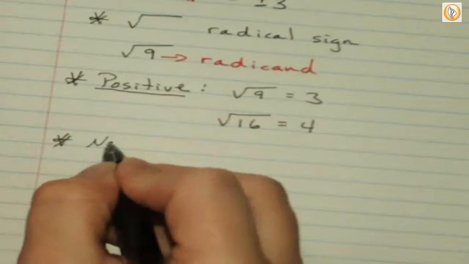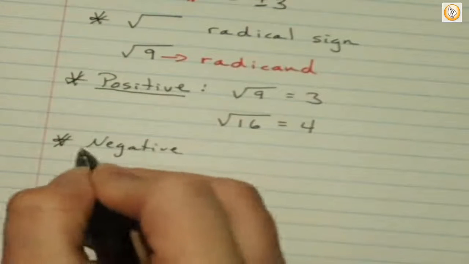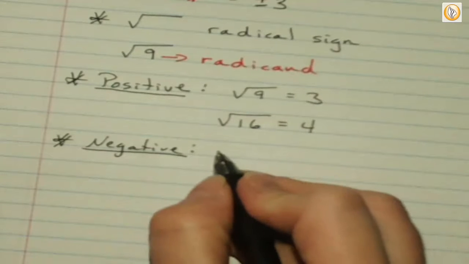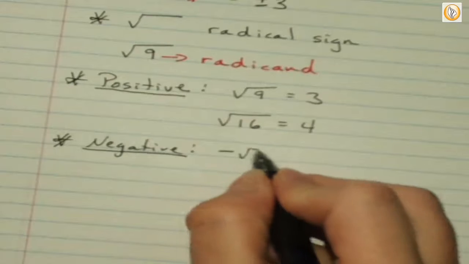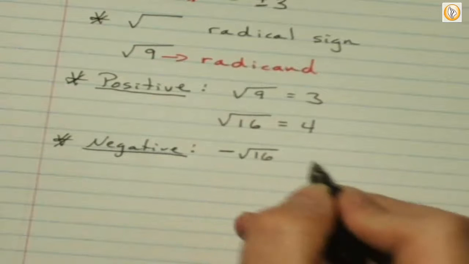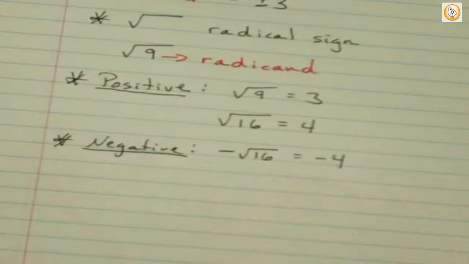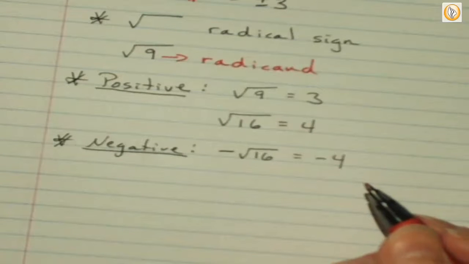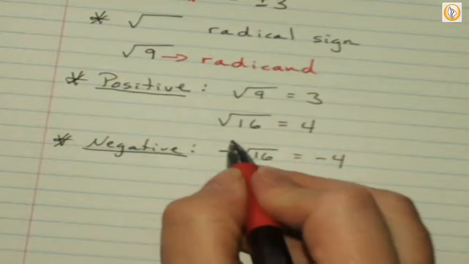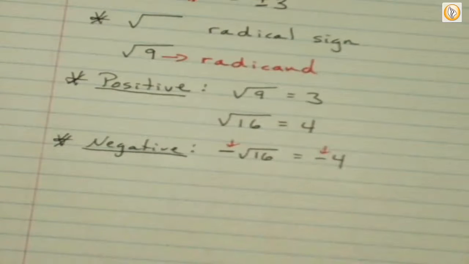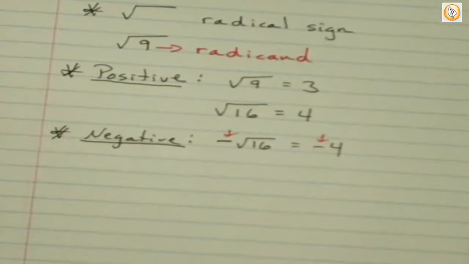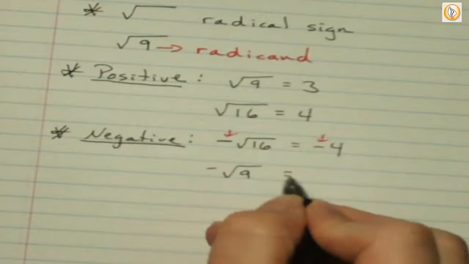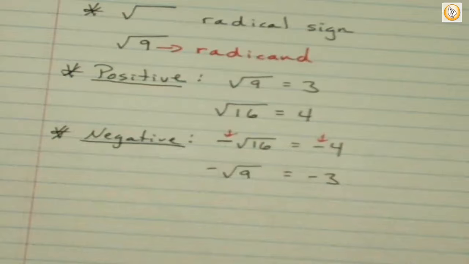Negative. Let's say I have a negative sign on the outside. That would give me negative 4, kind of like you would with parentheses or absolute value. You see what I'm saying? That would be negative 3.